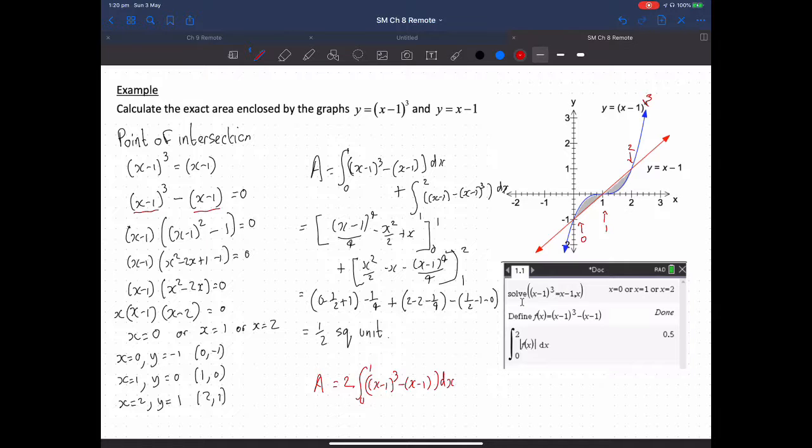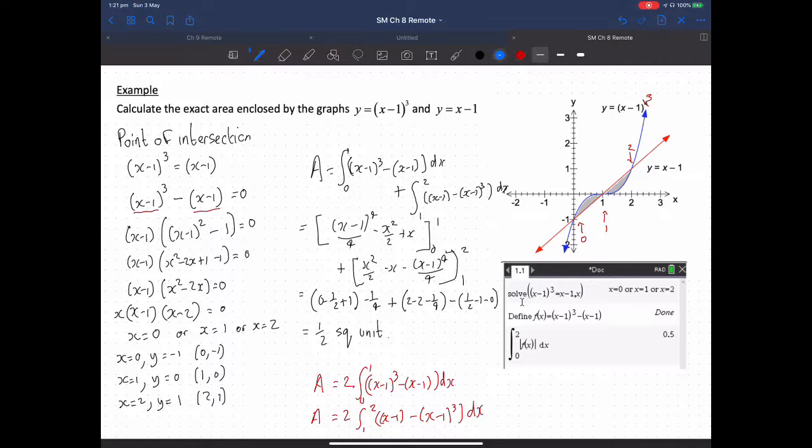Or you could have done the same thing with 2 times the integral from 1 to 2 of (x minus 1) minus (x minus 1) cubed dx.